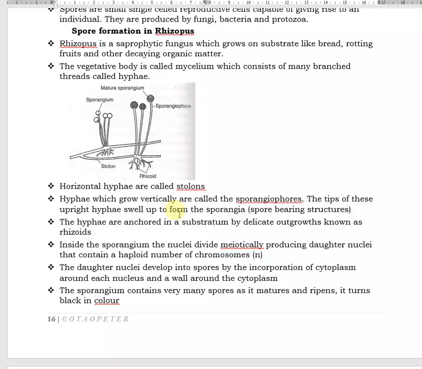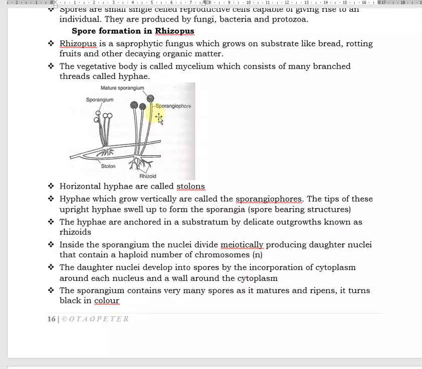So hypha which grow vertically are called the sporangiophores. Are you seeing this? So basically these things which look like stems, they are called what? Hypha. But the horizontal one is called stolon.